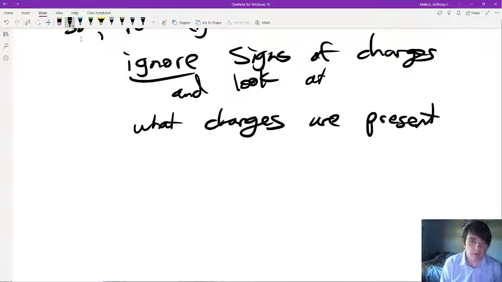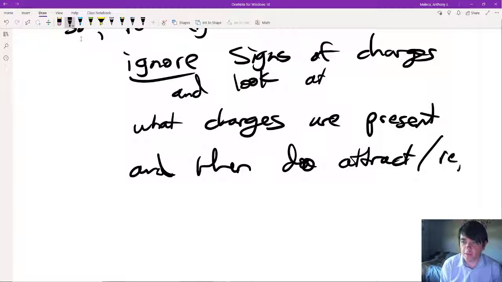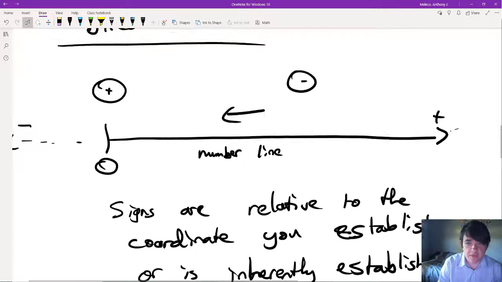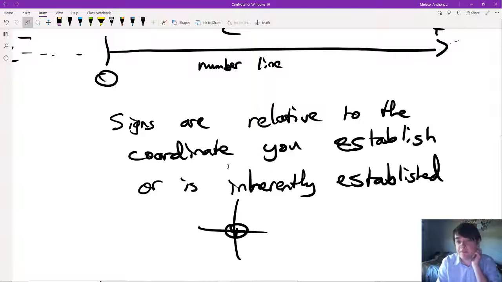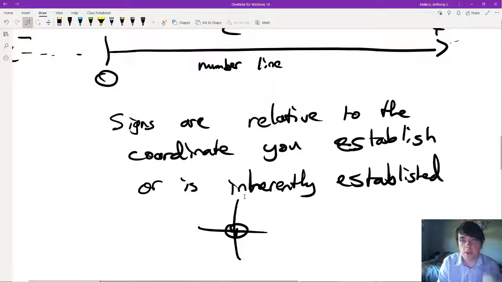And then do the attract, repel, okay? I think that is much easier than looking at this because you can get confused with the coordinate system. Now, this is the mathematical way to do it. This is when you're just looking at the numbers, but you need to know what your negative sign means if you're going to do it this way.